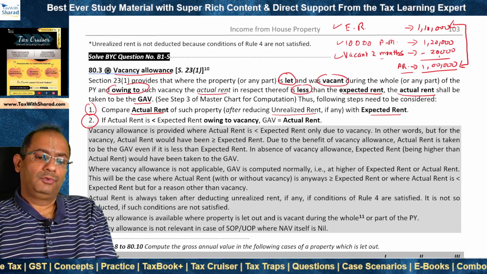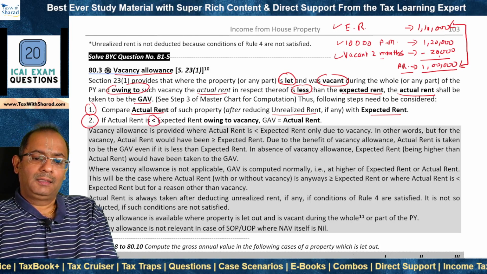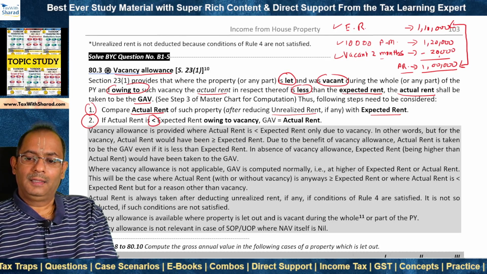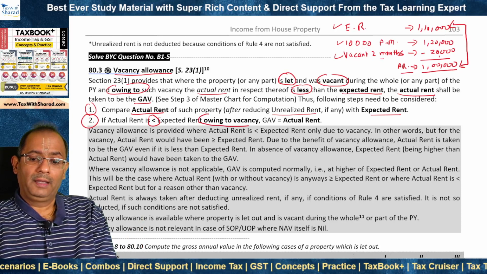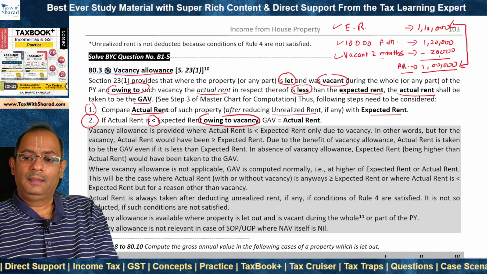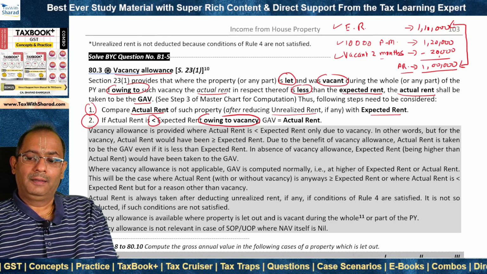In step 2, we need to see if actual rent is less than expected rent. So actual rent is 1 lakh and it is less than expected rent of 1,10,000, and that is owing to vacancy. Because of the vacancy of 2 months, the actual rent has become 1 lakh, which is less than expected rent, right?